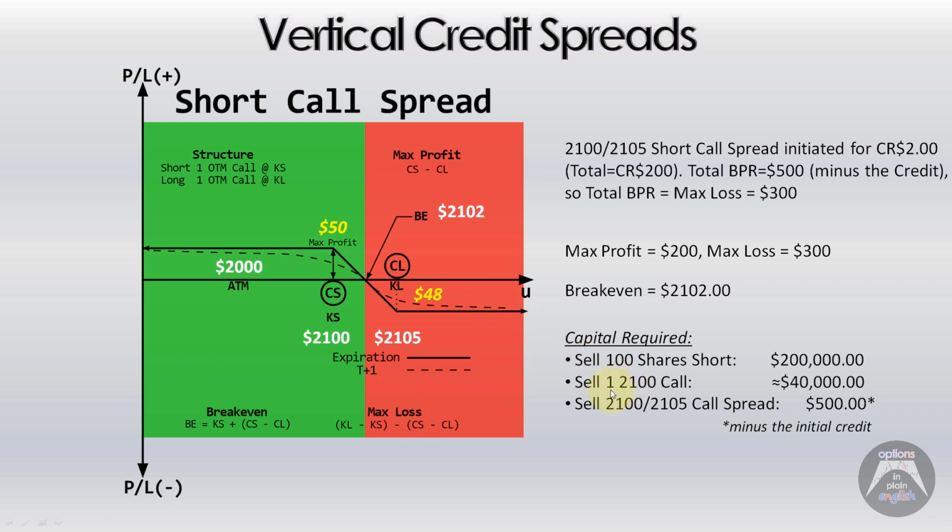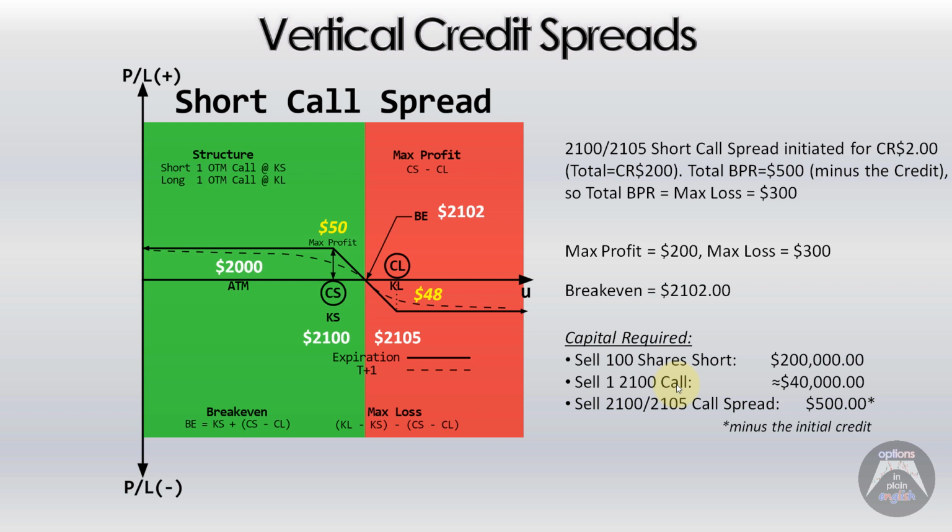If you want to sell the $2,100 call, and you don't want to sell a call spread, you only want to sell the call, then you're going to be margined. Your buying power reduction is going to be equal to the amount that the broker requires. And in this case, for the most part, if you have a regular margin and not portfolio margin, you're going to be looking at somewhere around 20% of the notional value of your position. If you have one short call, this is covering 100 shares.